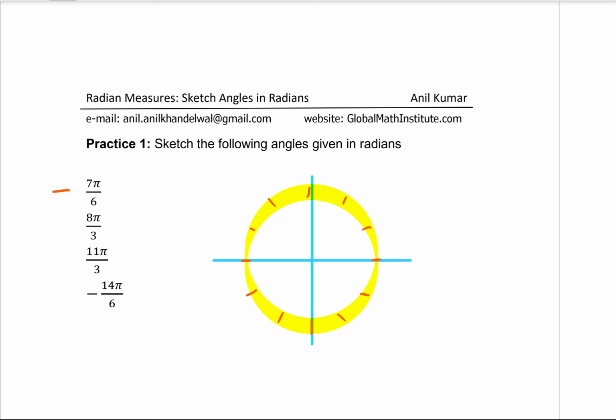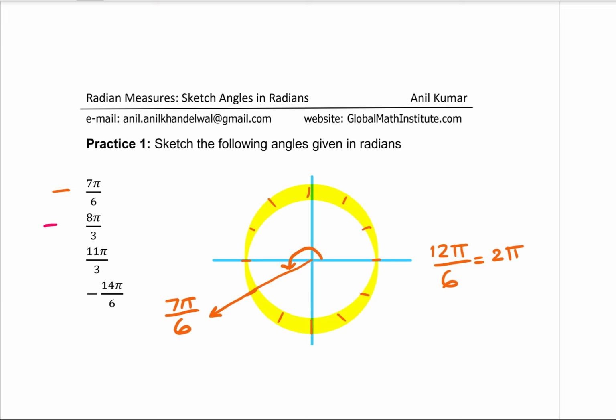So that gives you 12 pi by 6, which is same as 2 pi. Is that clear to you? Now if I want to draw 7 pi by 6, 6 plus 1 is 7. So that is an angle which we are looking for, and this is 7 pi by 6. Is that clear to you? So I hope you got the same answer.